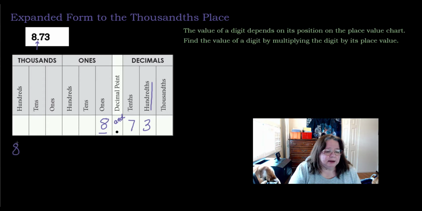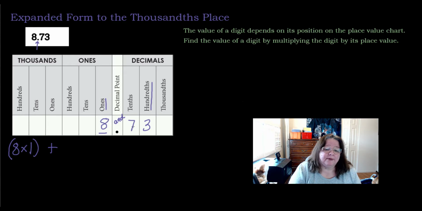The value of a digit depends on its position on the place value chart. So we've got the 8, it's in the ones. We find the value of a digit by multiplying the digit by its place value. So 8 times 1. So that is the first step. And then plus, because we're going to have a plus sign between all of our terms, all of our addends.